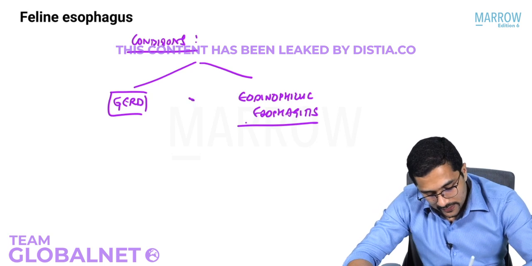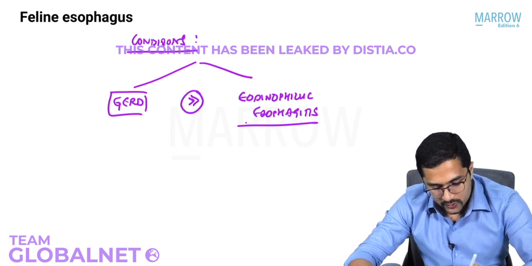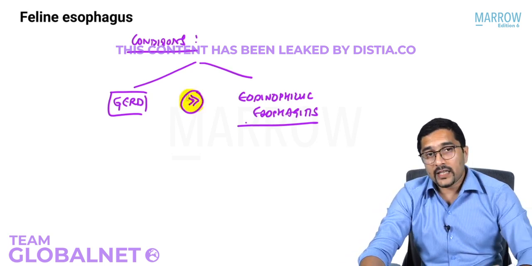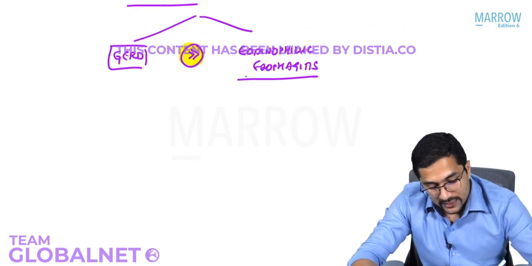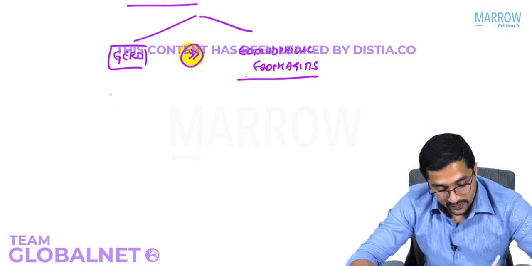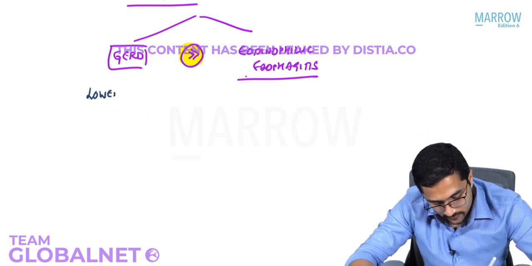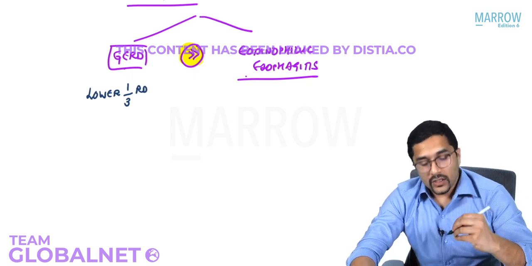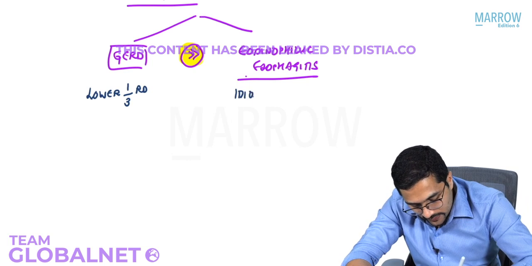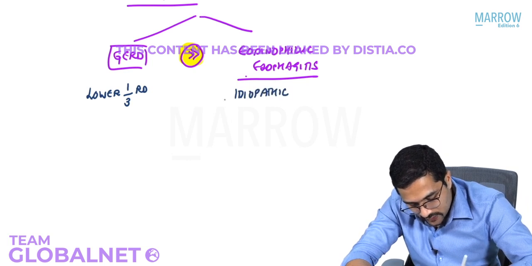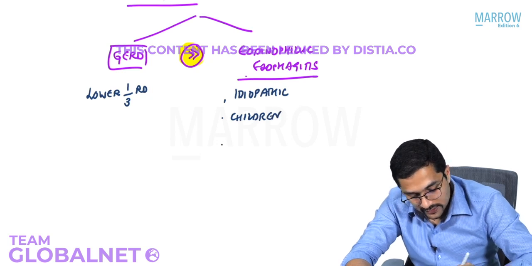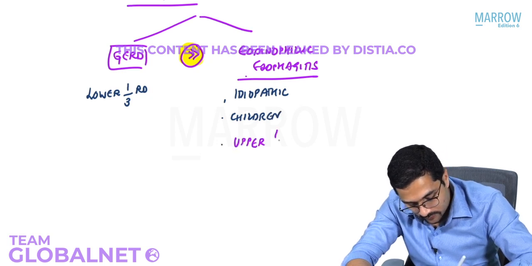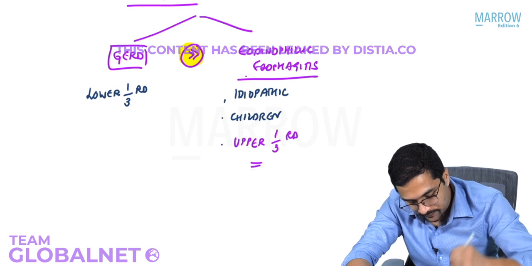Now, GERD is a much more common cause of feline esophagus than eosinophilic esophagitis, and this question has been asked in the exam. In GERD, the feline esophagus is seen in the lower 1/3, whereas eosinophilic esophagitis, which is an idiopathic condition commonly seen in children, is seen in the upper 1/3 or the proximal 1/3 of the esophagus.